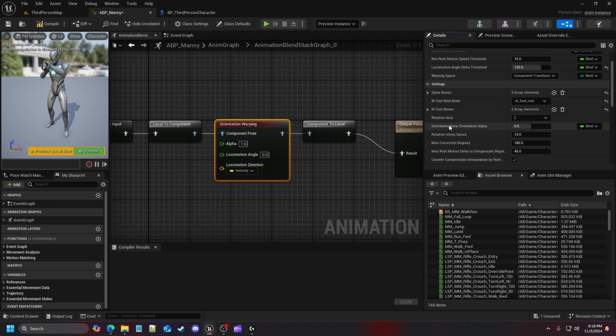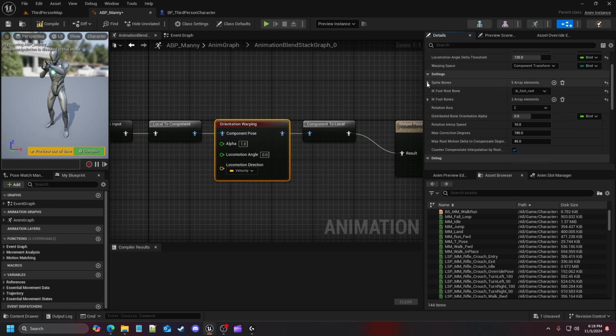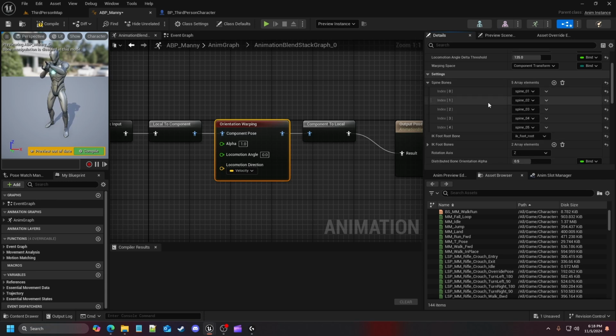So then let's go ahead and go down to our settings and let's talk about our spine bones once again, or at least in a better, broader context. So again, what the spine bones does here with our array of elements is that we list out the bones in the spine that should rotate during orientation warping for smooth upper body turns.